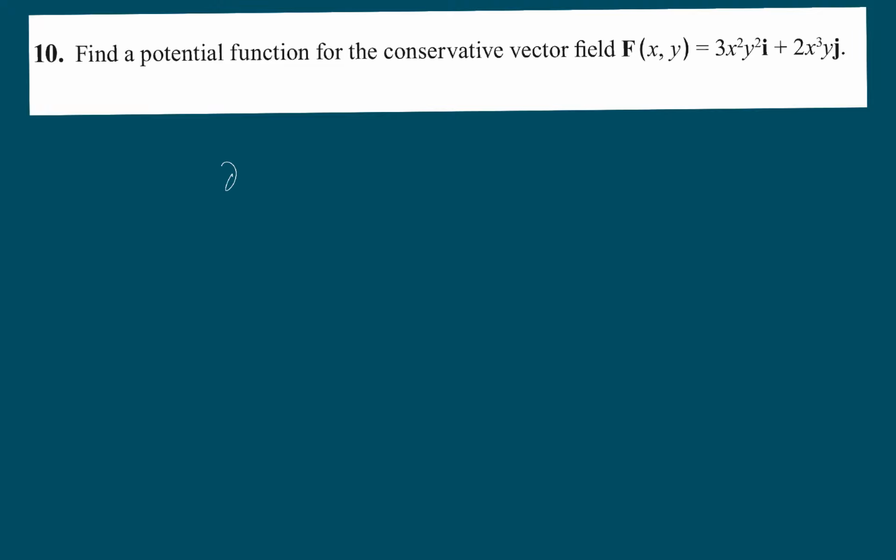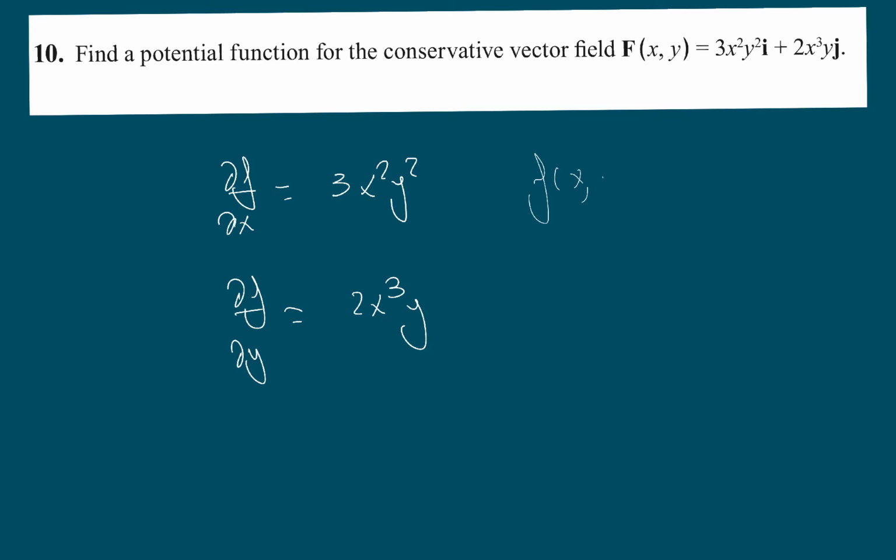The partial derivative with respect to x should be the x component of the force, 3x squared y squared. And the partial with respect to y should be 2x cubed y. Who is f of x y? Who is the function whose derivative with respect to x is 3x squared y squared? Well, try x cubed y squared.